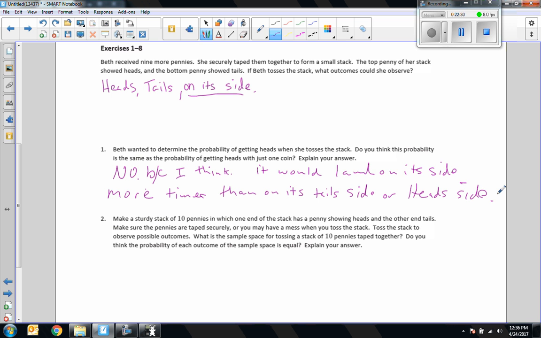Simply because the side is larger than the face of the coin, with 10 pennies it's more likely to land on its side. So no, it will no longer be 50% of the time landing heads. It'll probably be more than 50% landing on its side, and more like 25% or less landing on tails or heads.